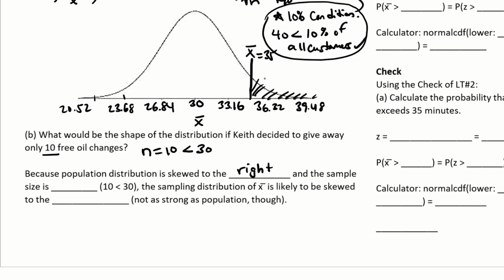The sample size is small, therefore the sampling distribution is likely to also be skewed to the right. However, it's not going to be as strong as the population. It's going to try to approach normality, but not quite be there. So it's going to be less skewed to the right.